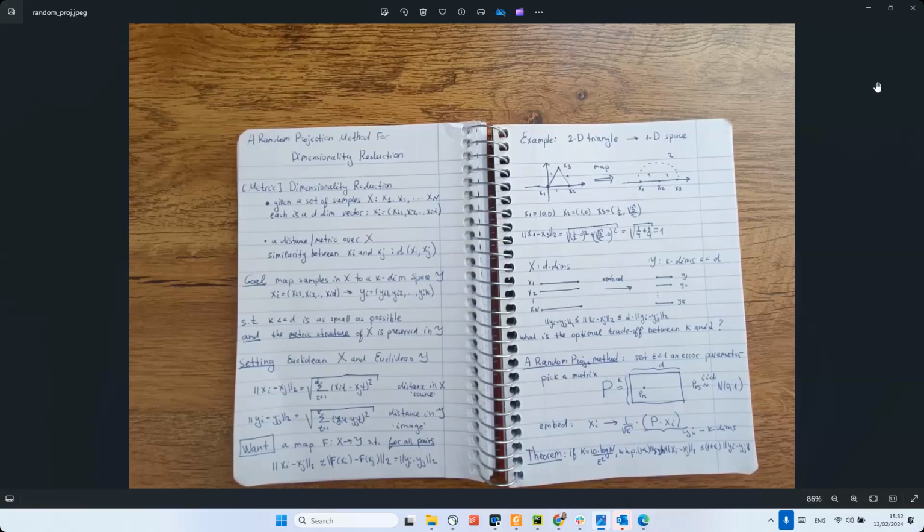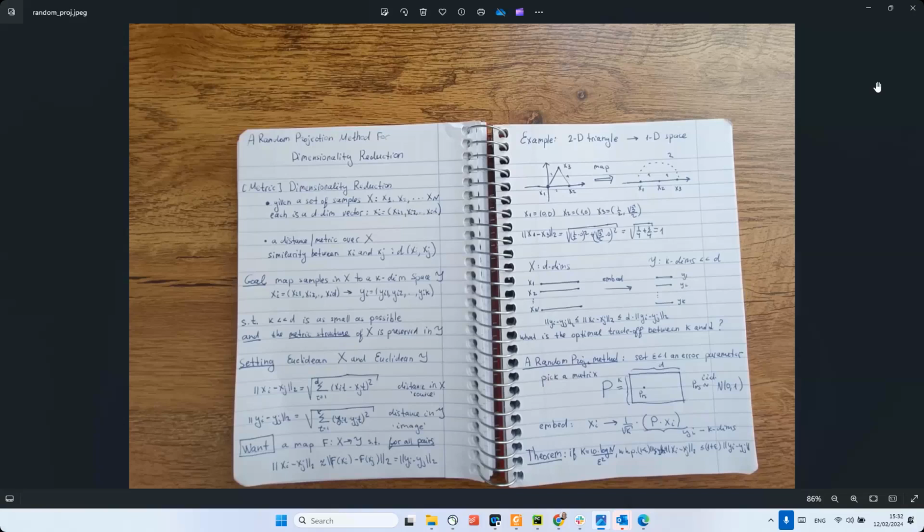So if you had n points, each of dimension n, in the new representation you will have only a logarithmic number of dimensions. It's a huge improvement, an exponential improvement in the number of dimensions. And the error on the distances is very, very small. All the distances are almost the same, 1 plus epsilon.